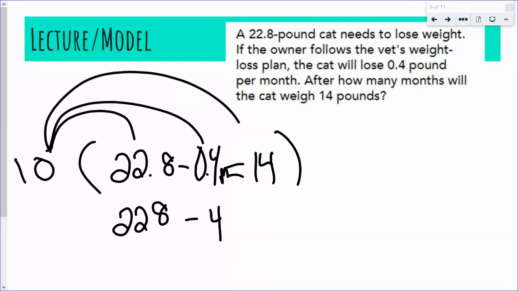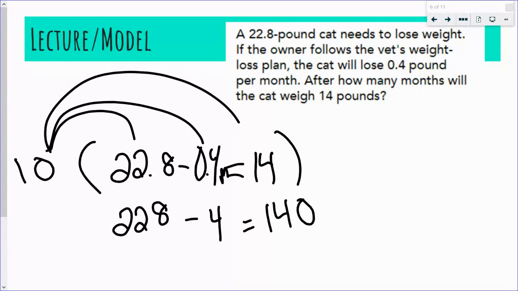And then 10 times 14 would be 140. If there were two places after those decimals, we would multiply everything by 100, but there's only one place, so we're just multiplying by 10. Now I have an equation that is a little easier to work with without the decimals.